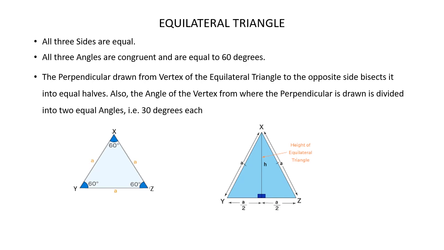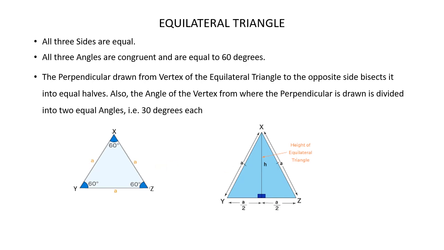The perpendicular drawn from the vertex of the equilateral triangle to the opposite side bisects it into equal halves. Also, the angle of the vertex from where the perpendicular is drawn is divided into two equal angles, that is 30 degrees each. Now let's understand these properties with the help of these diagrams.